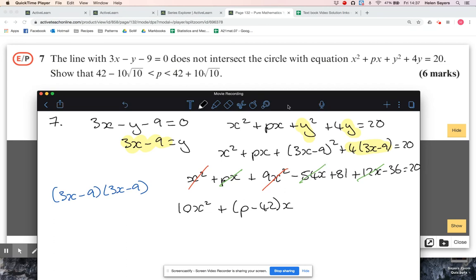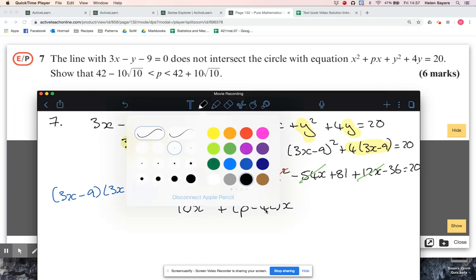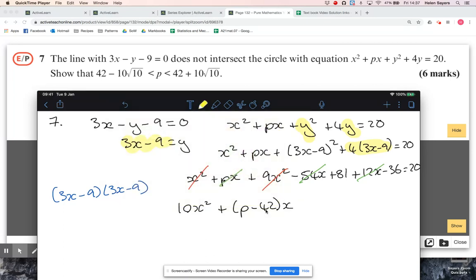Hopefully somebody might spot this is going to be a discriminant question. By writing it like that, I've got my value of b for the discriminant really clearly. Then lastly, the constants. I've got 81, minus 20 is 61, minus 36, I'm going to say is 25. I'm going to double check that before I crack on. It's been a long day, so I'm going to stick that straight into my calculator. Yep, I'm good.